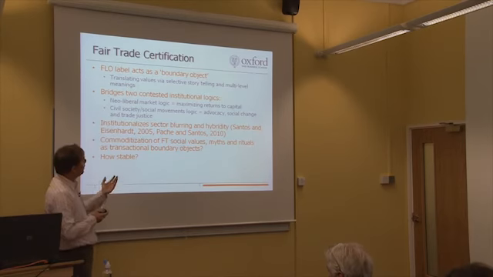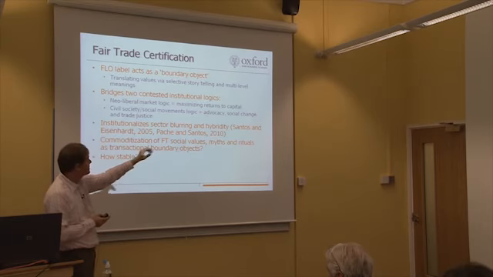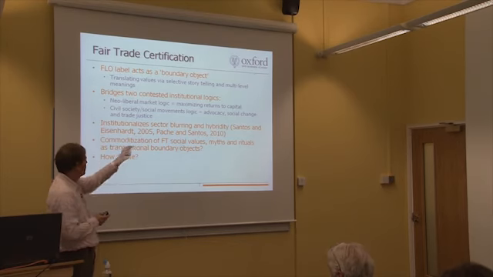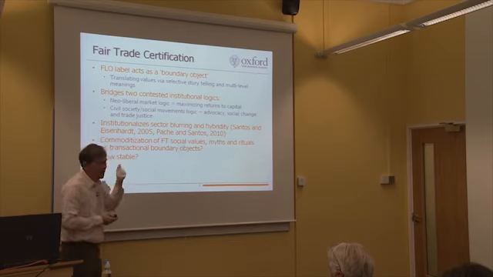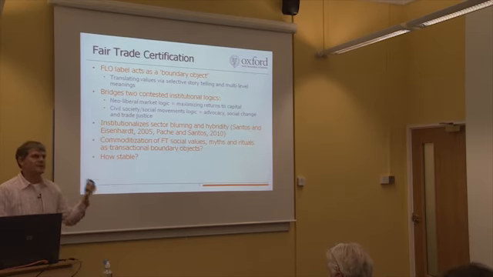So we would propose that you can bridge these two contested logics, the neoliberal logic on the retailer side and the social movement, trade justice logic on the other, not two obvious bedfellows. The label allows this kind of translation.